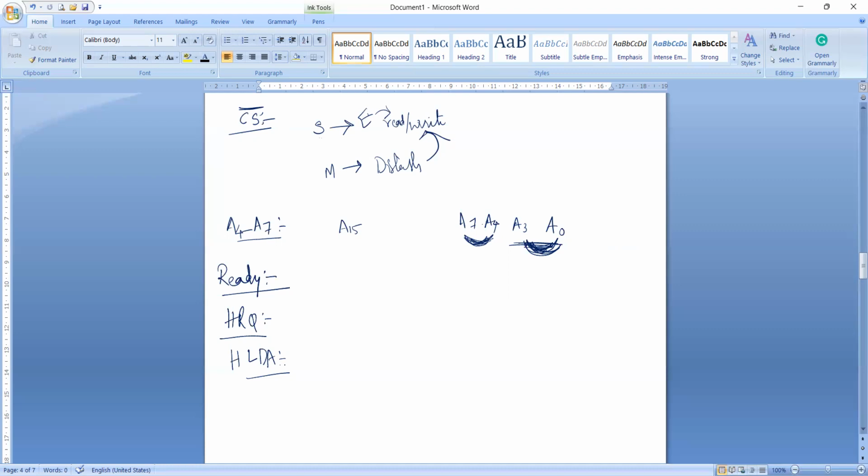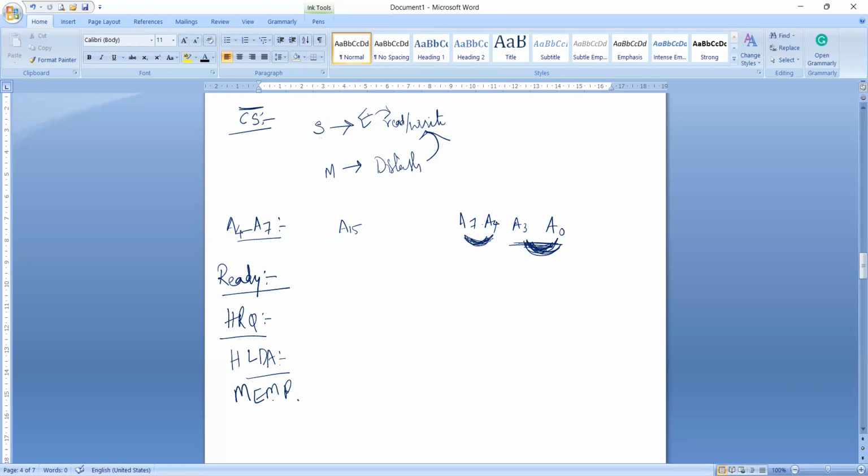It means control over the control bus, data bus, and address bus is acquired by the DMA controller when HLDA is received. And next one is memory read, MEMR, the active low memory read signal which is used to read the data from addressed memory locations during the DMA read cycle.